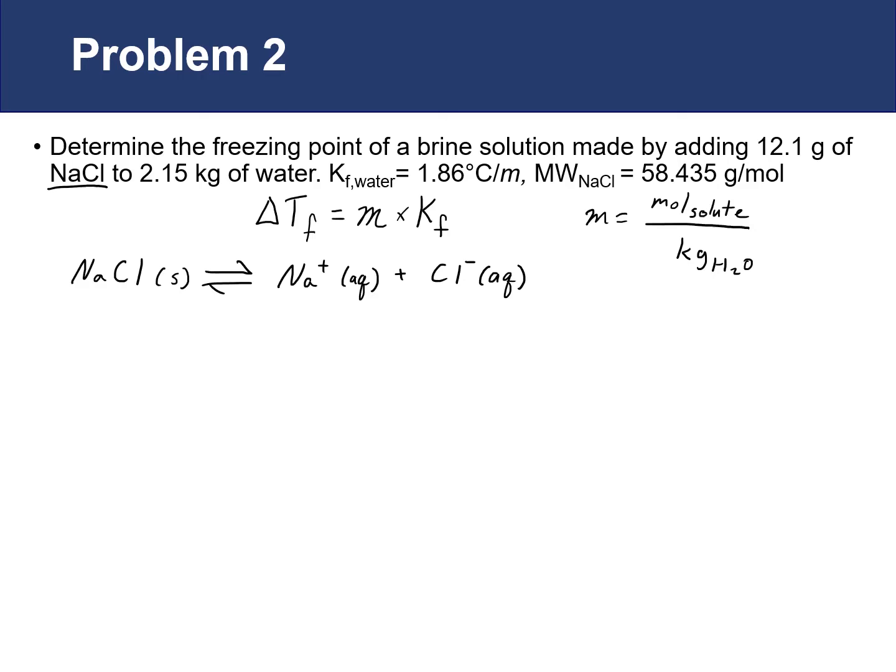What this means is that the moles of our solute is actually going to be the sum of the moles of the sodium ions and the chloride ions. Because they come from the same source, both of them come from sodium chloride, what we will find is that the concentration of all of our solute molecules will be twice that of the number of moles of sodium chloride that we put in. Again, that's because the sodium chloride breaks up into sodium ions and chloride ions.